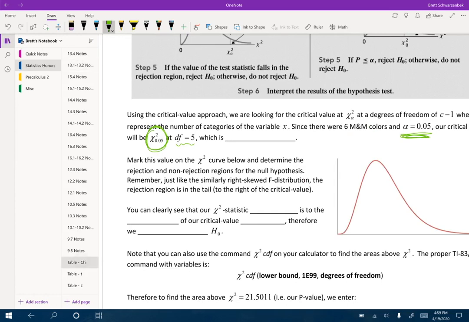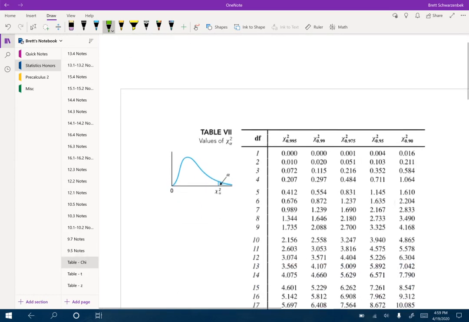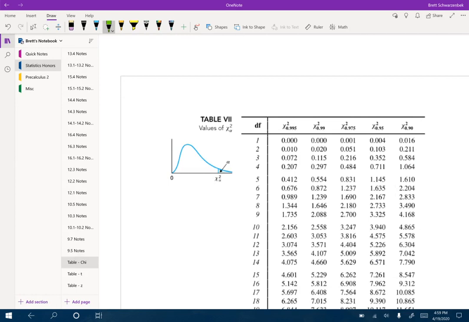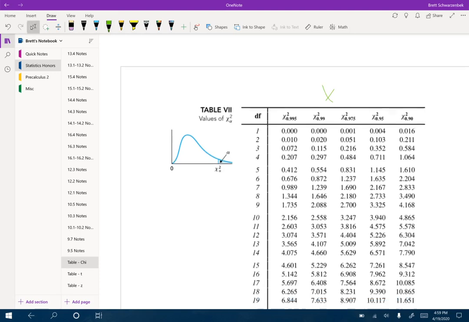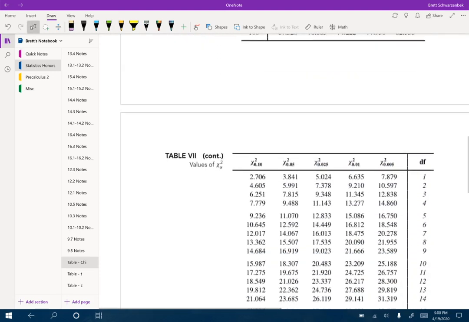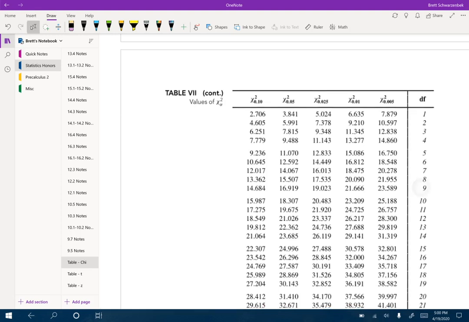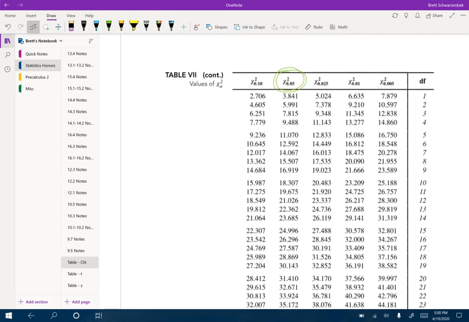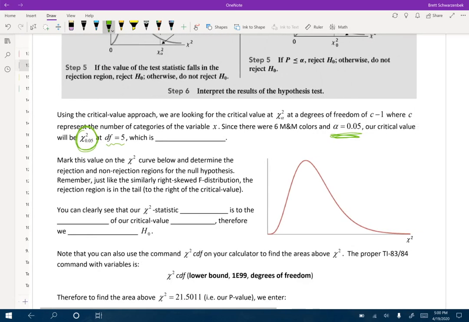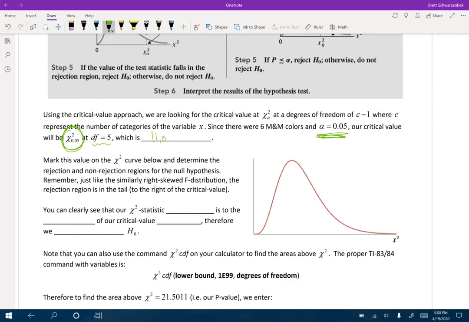If you look across the top, our chi-squares are super big, so this table actually has two sides. This one isn't it because the subscripts are too big, so we move down to the second page. We have chi-square 0.05, which is right here, and we have 5 degrees of freedom. So we do our usual over, down, and over, and we get 11.070 as our critical value.